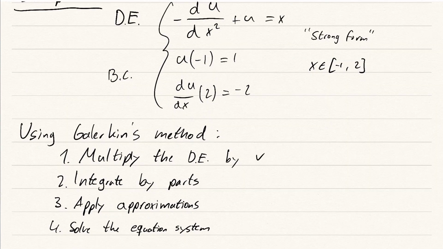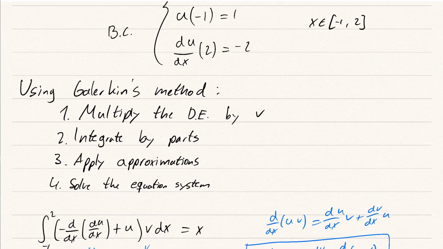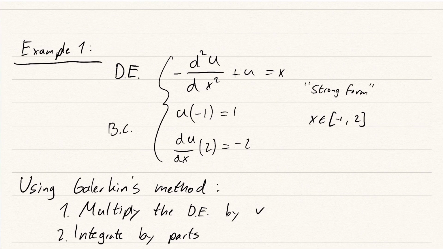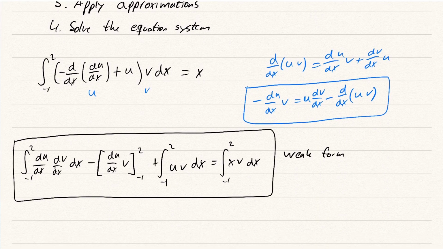So there's the difference. If this region from -1 to 2 goes down to a smaller and smaller region, we will hit this limit. What we're saying now is that we are approximating this differential equation for the whole region.